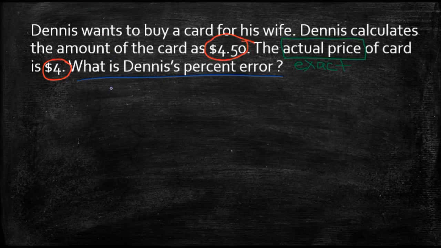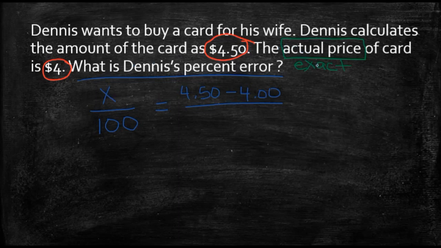So what we're going to do, we know our percent is going to go on the top. That's our variable. They're asking what the percent is. 100 goes here just like it always does. And here we're going to take the larger number, which is $4.50, right? Because we'd rather have $4.50 than $4. So that's larger, minus $4. And we're going to take that value over the actual amount.